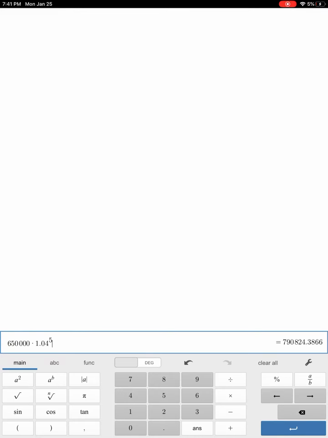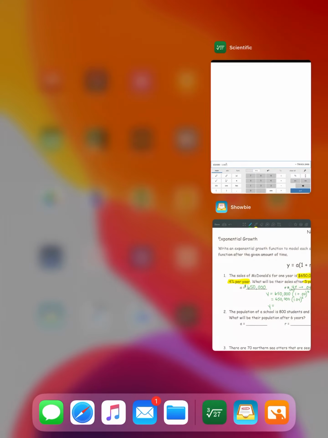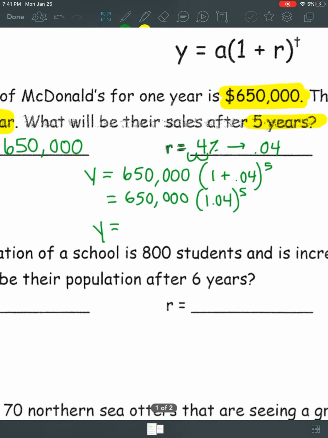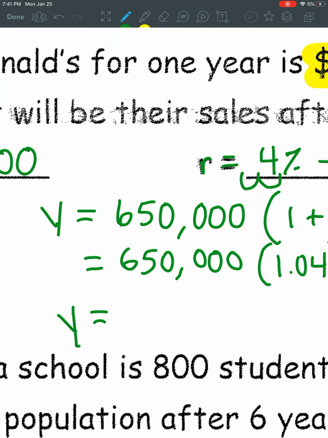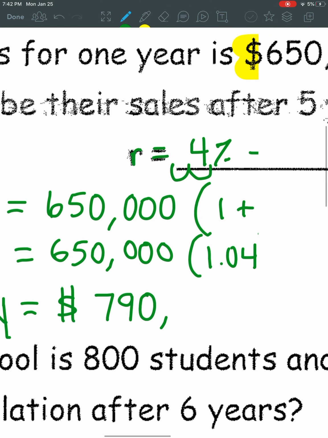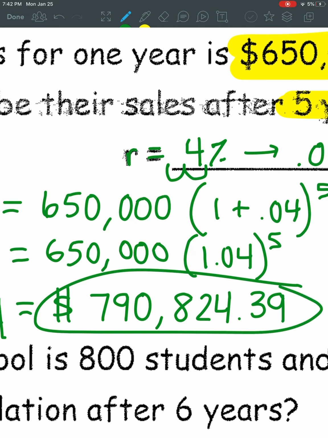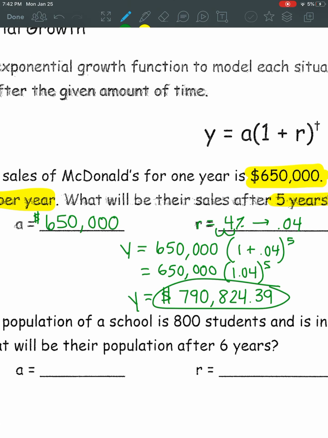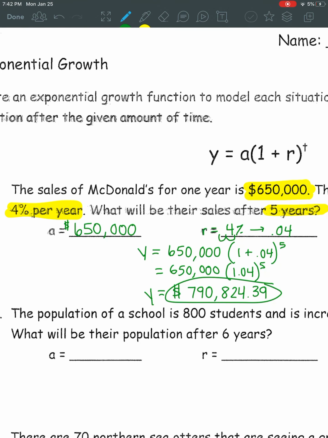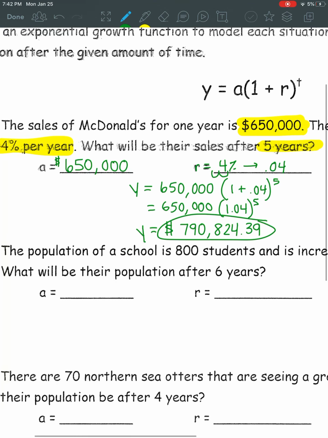So McDonald's in 5 years will make $790,824, and we'll round to the nearest cent, so 39 cents. Okay, I'm going to give my answer with a dollar sign since we're talking about sales. $790,824.39. All right, it is bigger than our 650,000, so I at least know I did my exponential growth.